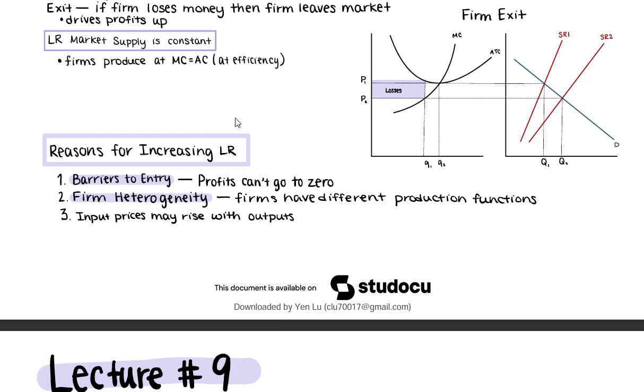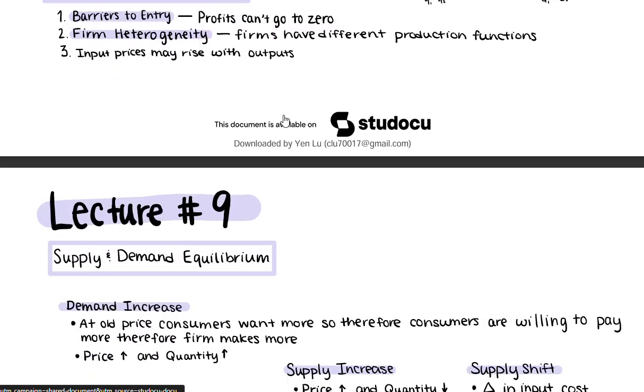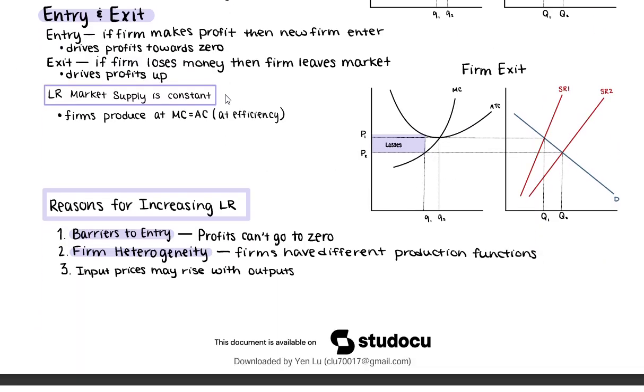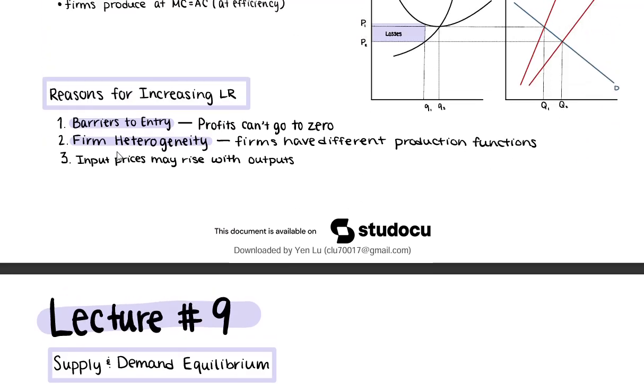The third is that input prices may rise with output. So those are three reasons explaining why in reality we rarely see long run profit equal to zero.